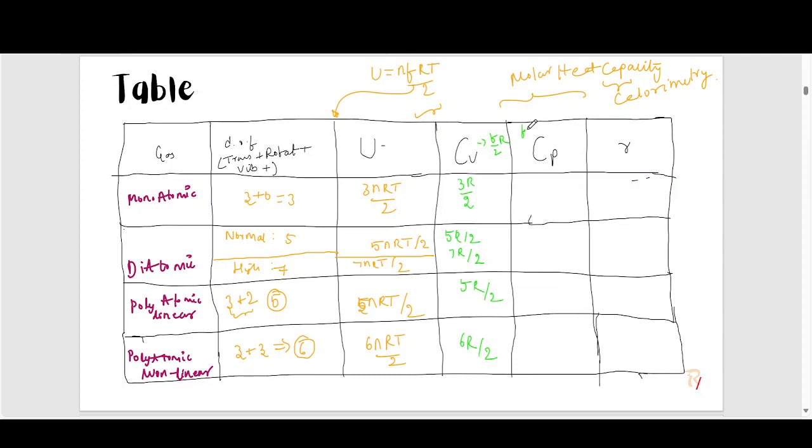Cp is nothing but fR upon 2 plus R. 3R upon 2 plus R gives us 5R upon 2. 5R upon 2 plus R gives us 7R by 2, then 9R by 2, and 7R by 2, then 8R upon 2.